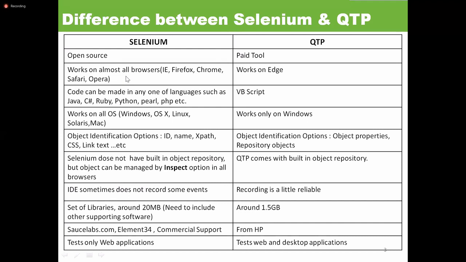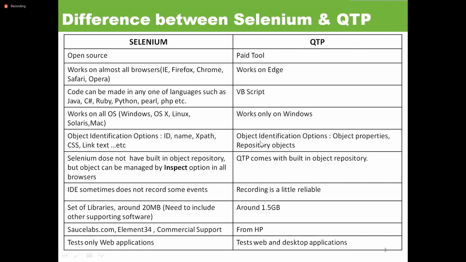Now if we go into very detail, on the technical side, what is the option you got? Object identification. The same thing in QTP. In Selenium we have object identification; in QTP also we have object identification.